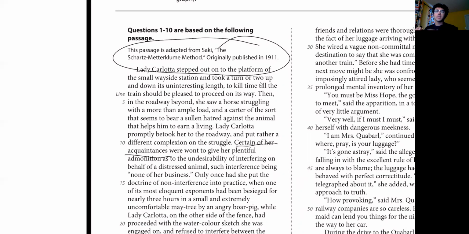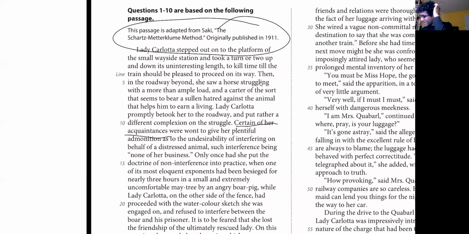She tends to put her head into things that are not really concerned with her, which is not really a good habit, but that's just what she does. "Only once has she put the doctrine of non-interference into practice." So as you can see here, typically she interferes in situations that are not hers, but now it's going to provide us an example in which she does not interfere. She goes against her nature and just does not interfere with anything.